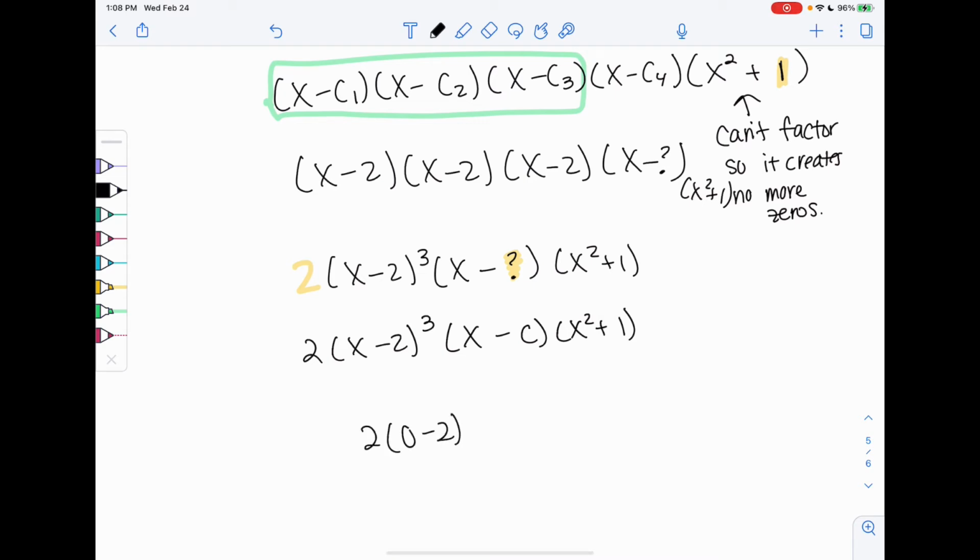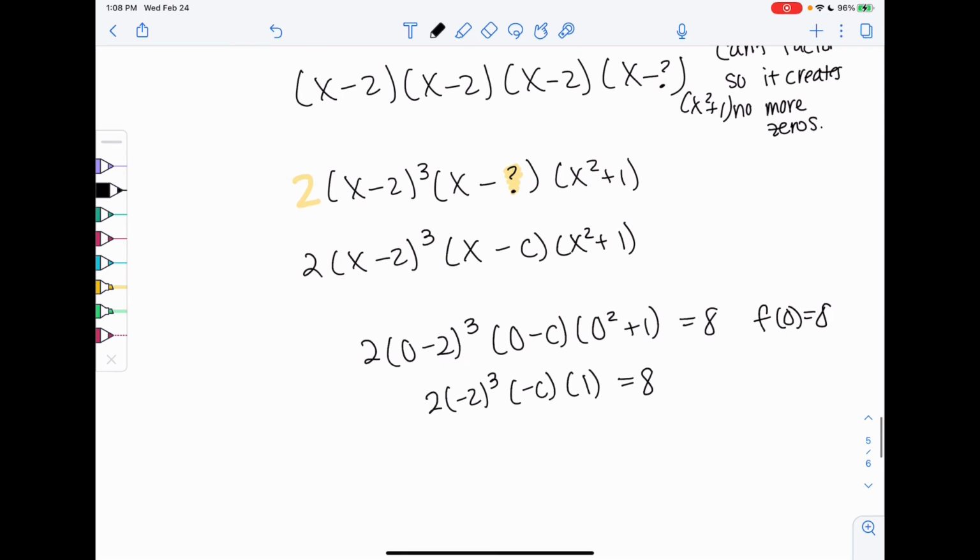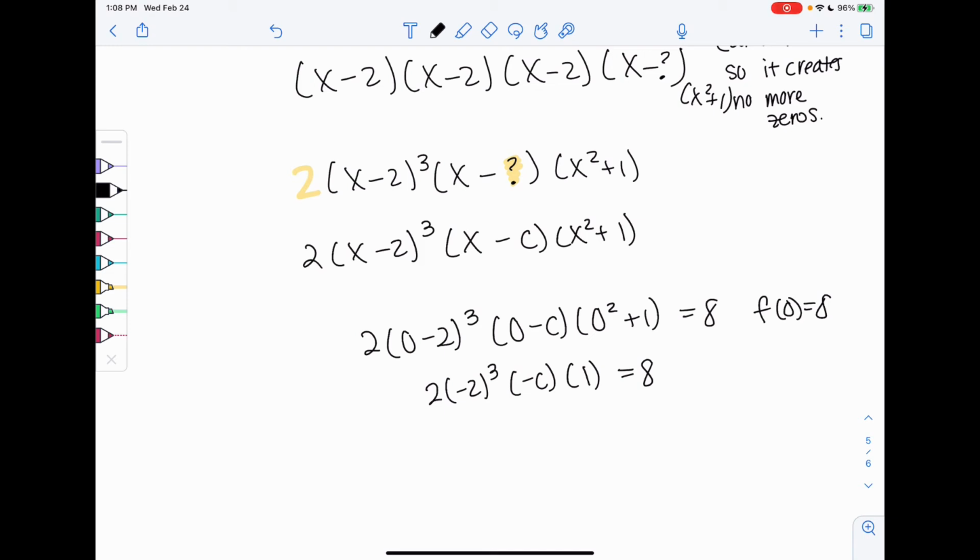So let's plug in 0, and it equals 8, because f of 0 equals 8. So we get 2, we get negative 2 cubed, negative c times 1 equals 8. Let's see what we get.